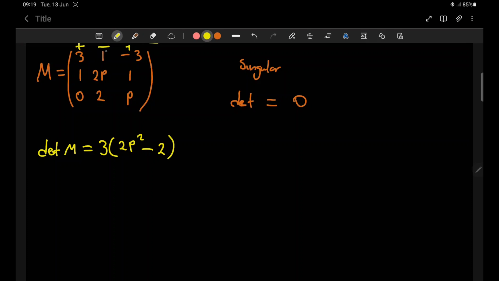Going over to the next element, remembering to take the negative, we'll have negative 1, then open the bracket. We're eliminating this column and this row, so we remain with 1 multiplying with p, which is just p, then 0 by 1, which is just 0.